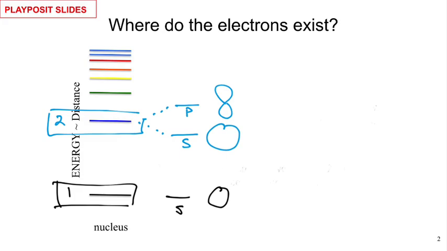So a ballpark approximation. If I had a sphere and I rotated it, would you be able to tell me that it was rotated? No, it's just a sphere. It just rotates around. So there's really only one orientation that we can make any sense of. The p orbital, however, is a dumbbell shape. Would you be able to tell me it rotated? Yes.